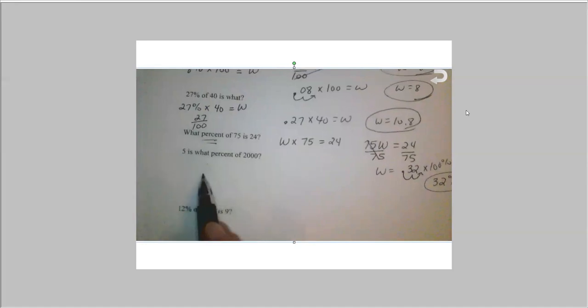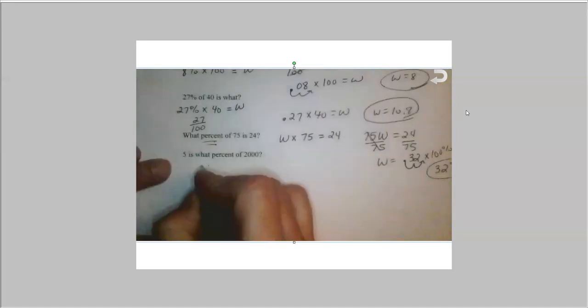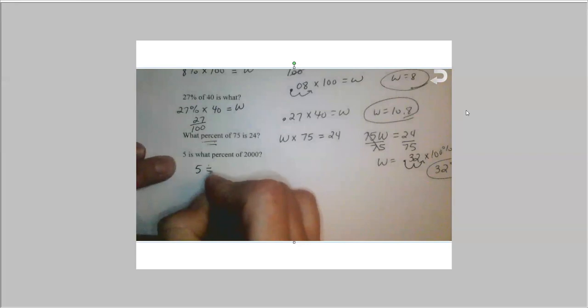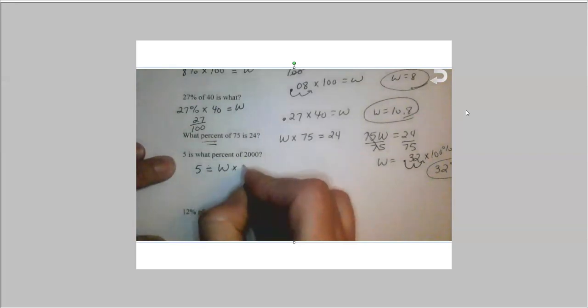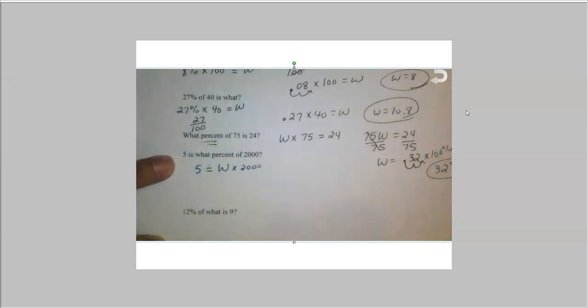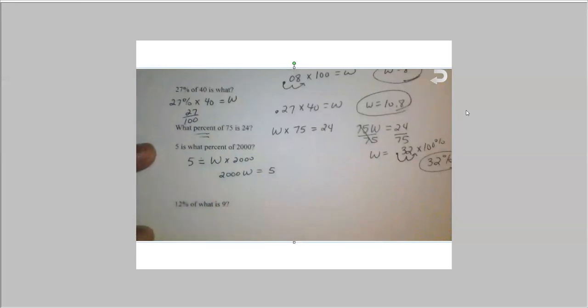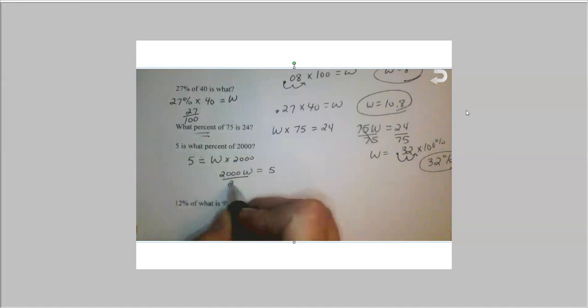Let's take a look at this one right here. 5 is what percent of 2,000? So I could rewrite that as 2,000 W equals 5. Some students just like the variable on the left-hand side. That's not a big deal. And I know students are sometimes trained to divide the bigger number by the smaller number, but that is not necessarily how we do problems.